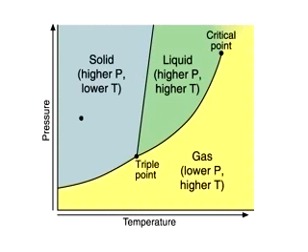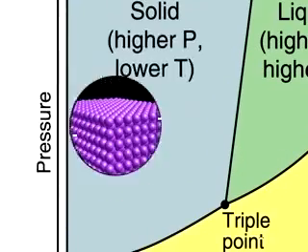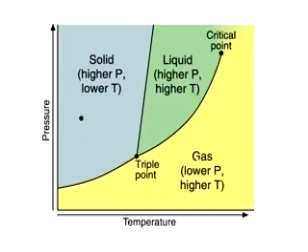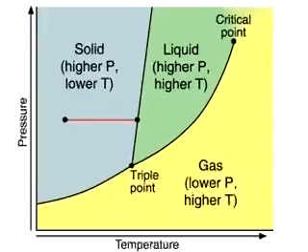What would happen to the sample if we steadily increase the temperature at constant pressure? That is, move horizontally from left to right on the diagram. The changes depend somewhat on the starting pressure. Let's begin at some pressure between the critical point and the triple point. Starting with the solid, we increase the temperature until the solid and liquid are in equilibrium.